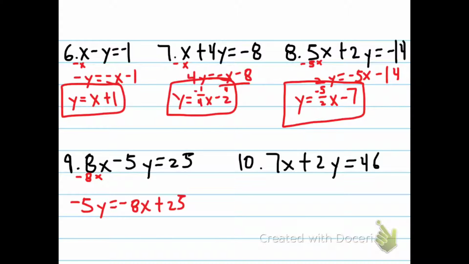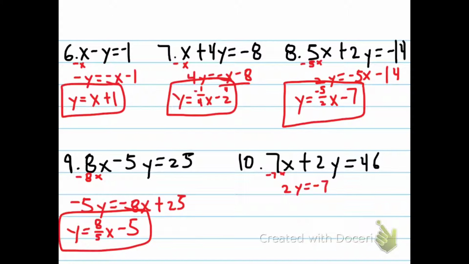And now you have to divide everything by a negative 5. So you're left with y equals positive 8 over 5x minus 5. And now for our last problem, subtract 7x from both sides, and now divide everything by positive 2. So you're left with y equals negative 7 over 2x plus 23.